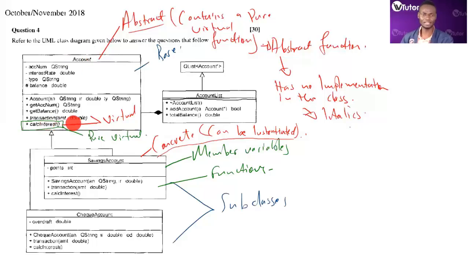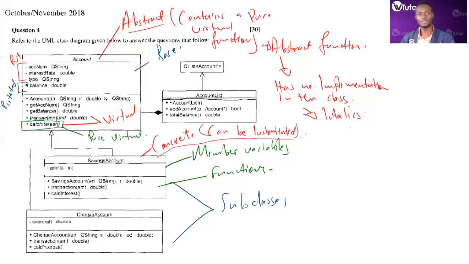So if we look at this class, now if we go and look at the member variables, you've got three protection or access modifiers here. A hyphen here means private, and a hash means protected.